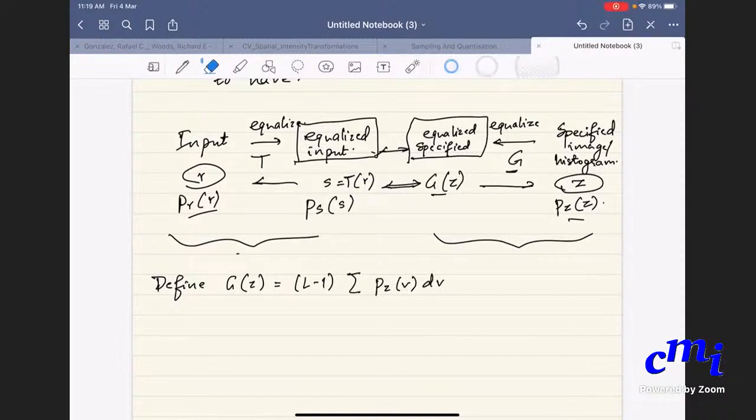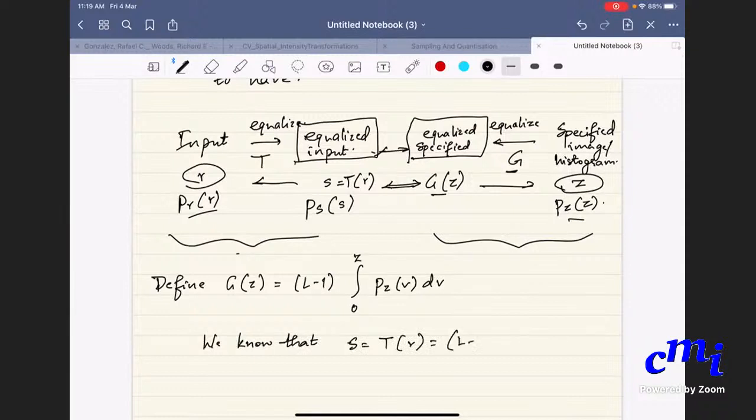Oh, this is a continuous variable right now, so I can just write the integral from 0 to Z. So let's define this function G. And we already know that S is defined as T(R), which is defined in turn as L minus 1 times the integral from 0 to R of PR(W) dW.